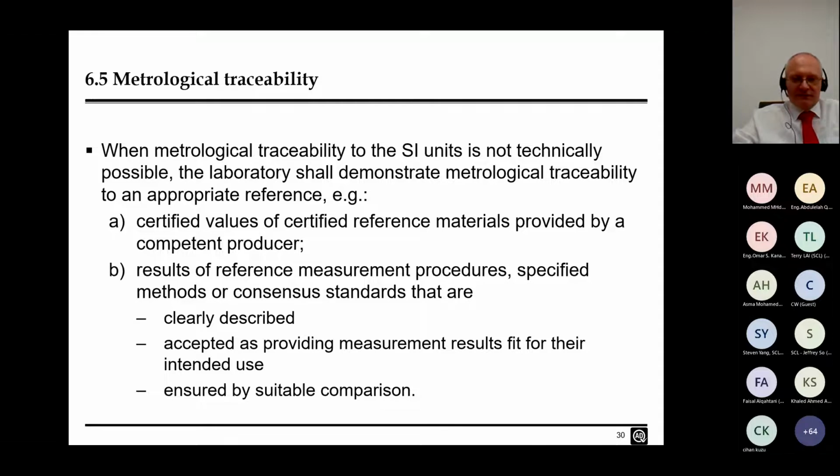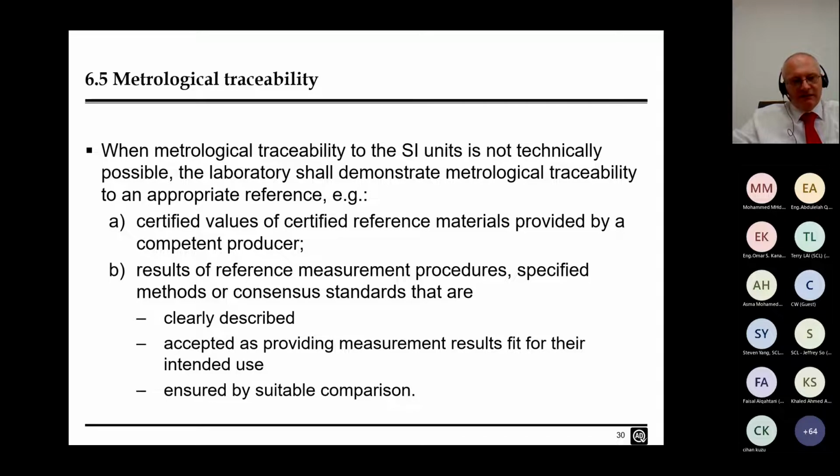So the hardness scales, the Vickers and the Rockwell hardness scales, are not traceable to the SI units. Various aspects of the measurements, the dimensions, the masses, the forces used, are SI traceable, but the units themselves are not SI units. So if you have one of those, how do you demonstrate traceability?